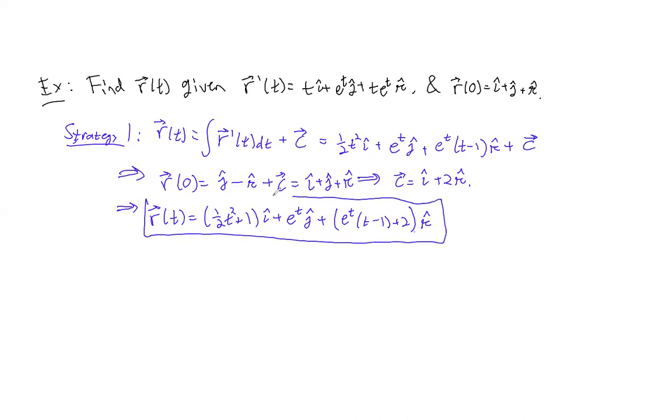And there's our answer. That's one way of going about doing these things. Here's another way, which is effectively the same thing under the hood, just done in a different order.